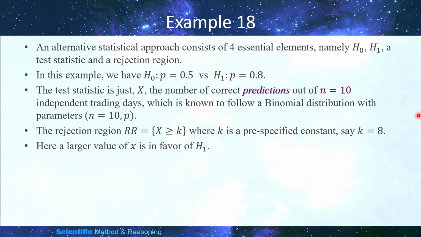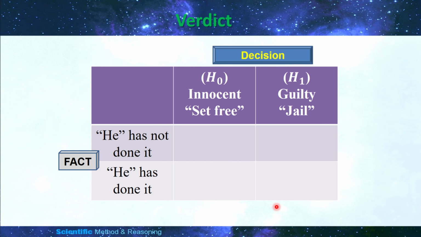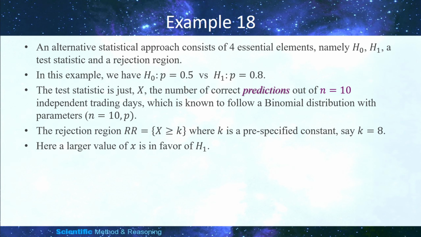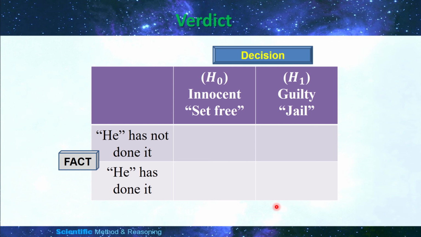If k equals 8, then we can set the rejection region to back calculate alpha. Or somehow can we set alpha to calculate the rejection region? This is another challenge.